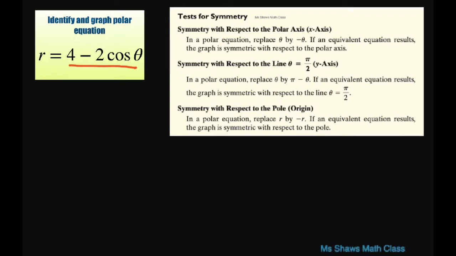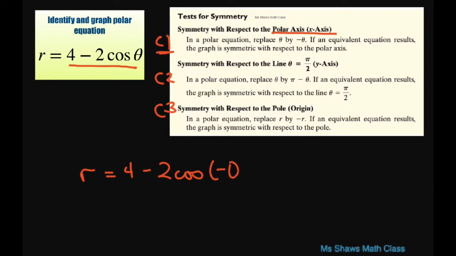But first what we want to do is test for symmetry by checking these three conditions, because we're going to have to graph this. For the first condition, we're going to see if it's symmetric with respect to the polar axis, i.e. the x-axis, by substituting in my theta with negative theta.